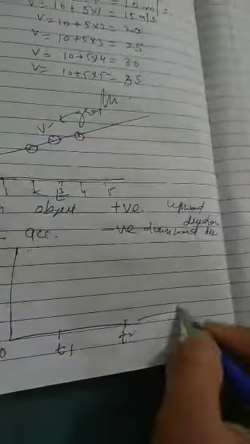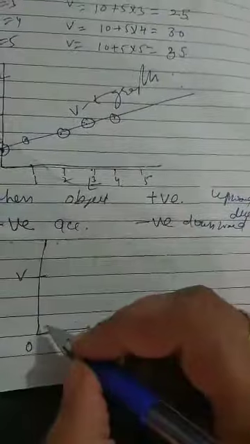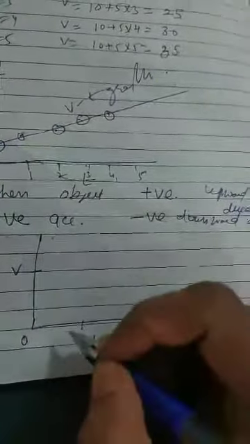Now again we will plot this graph. We will take the t1 interval, then t2, then t3, and towards this velocity. First of all, before reaching a constant velocity, it will accelerate continuously, then move with the constant velocity.